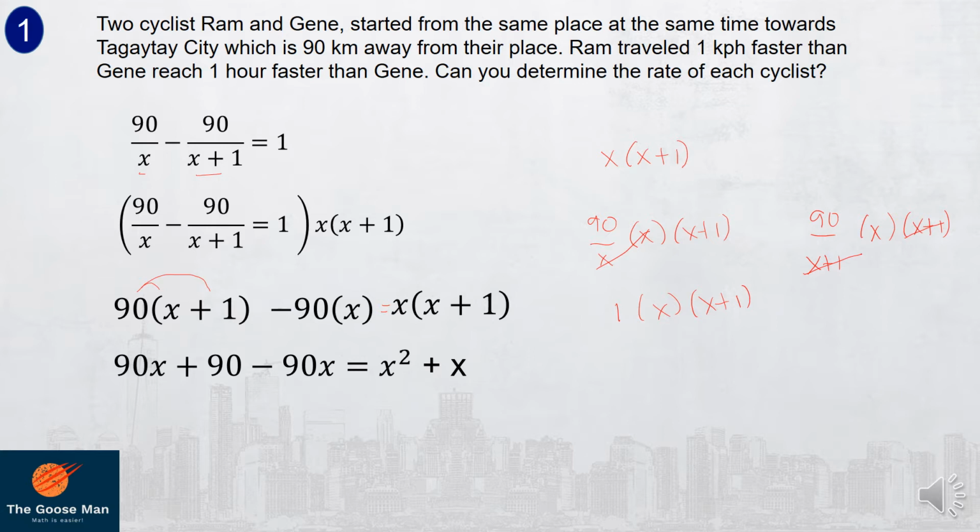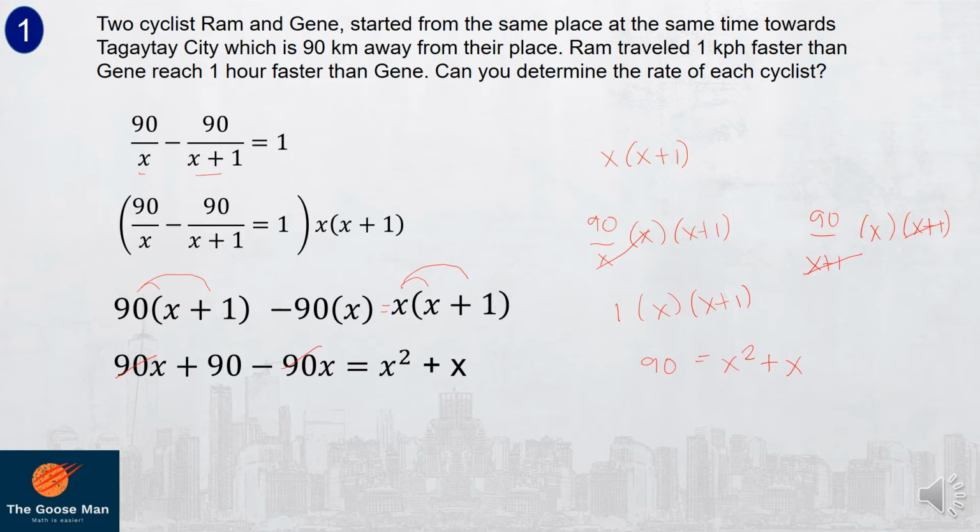Then I have here 90 times x is 90x, but this is negative, is equal to, take note that x times x is equal to x squared, and x times 1 is equal to x. Now, simplifying it further, take note that 90x minus 90x, so we only have here 90 is equal to x squared plus x.